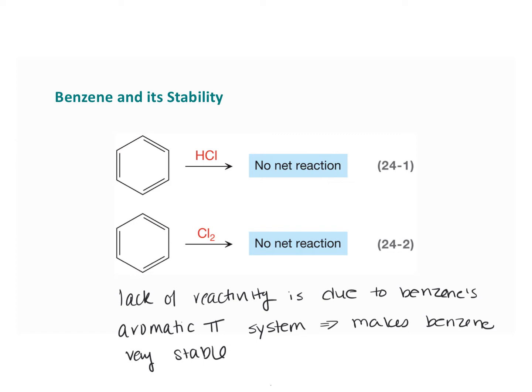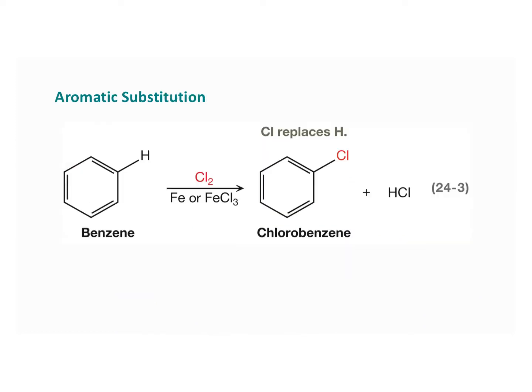However, look here. When metallic iron or iron 3 chloride is added to the reaction mixture with Cl2, benzene does react. Because the Cl in the product appears where there was initially an H, the net reaction is a substitution, not an addition.